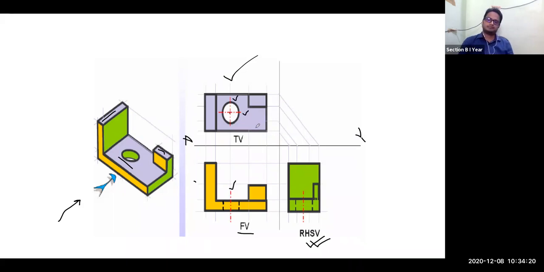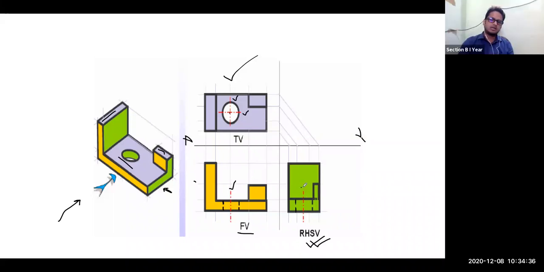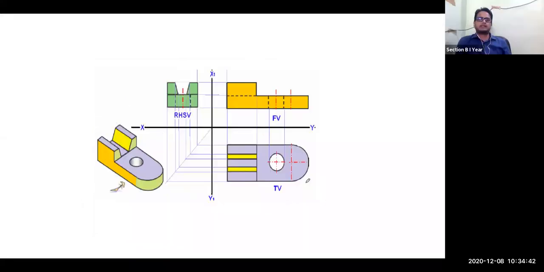When you look from the right hand side, the green colors will be visible. Still the hole is not visible, so it is represented by hidden lines, and the axis of that hole is represented by the center line, red in color. Okay, now the next component.